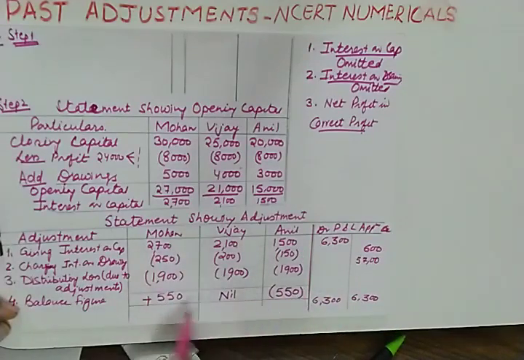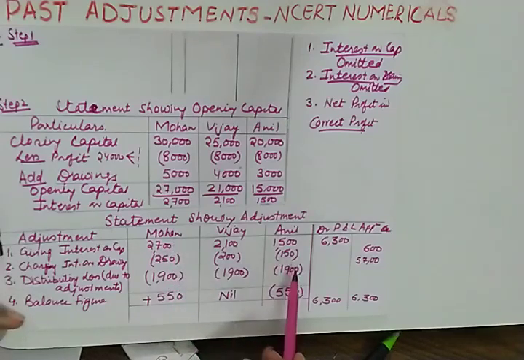So I hope now you'll be able to frame the journal entry, because normally students do commit errors in making the journal entry. So what is the journal entry? This you can observe through this also. How much is to be given to the partners and how much is to be taken from the partners. We are required to give 2700 and take 2150. Likewise here also.